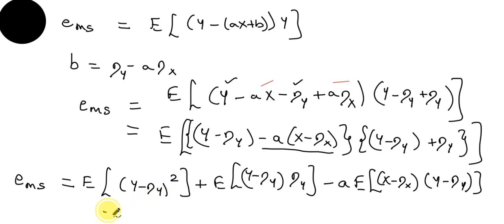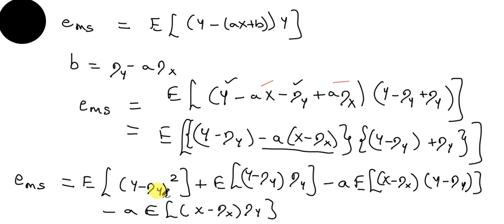I will have again minus a expectation of x minus eta x into eta y. So we are landing up with four terms, two positive and two negative.